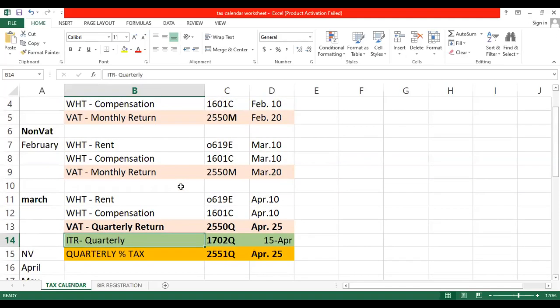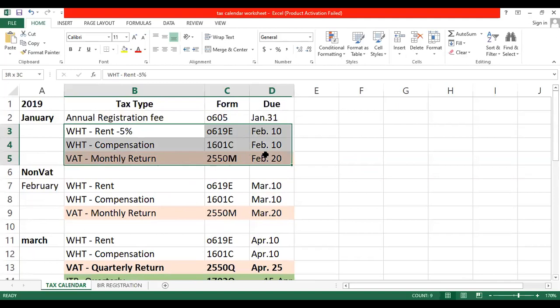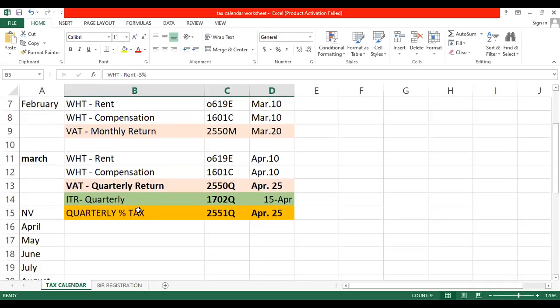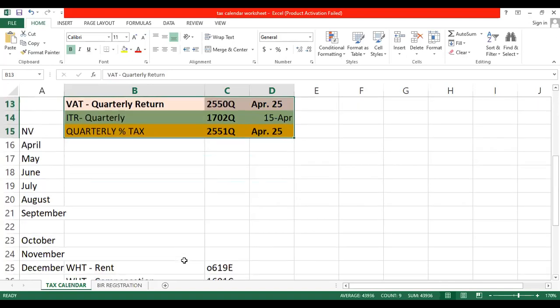So now, every month we do these recurring tax transactions. However, every end of the quarter, we do this. All right? The quarterly ITR and quarterly VAT return, or quarterly percentage tax in the case of a non-VAT taxpayer.